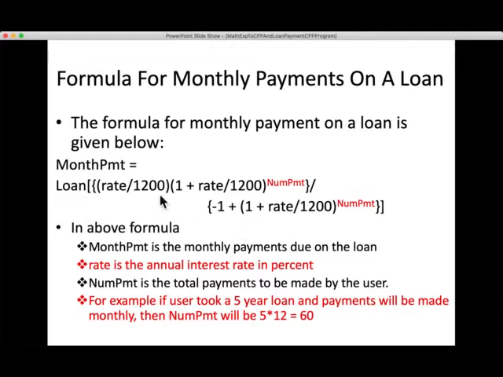Okay, so let's look at this formula a little bit more carefully. Loan gets multiplied to this entire expression. First part of the expression, look at the curly braces. In the numerator is rate divided by 1200 multiplied by 1 plus rate divided by 1200 to the power num-PMT. And then in the denominator, bounded by these curly braces, is minus 1 plus 1 plus rate divided by 1200 to the power num-PMT.